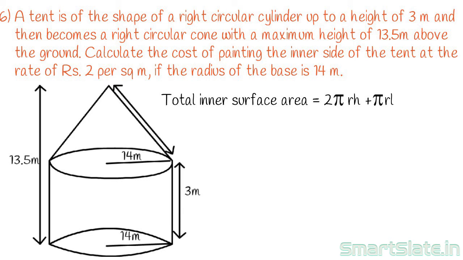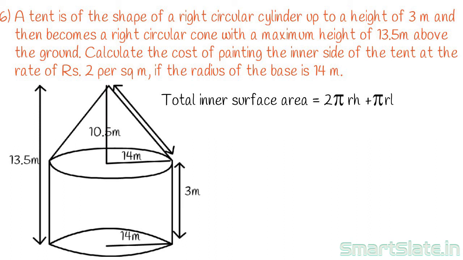Let's check if with the given data it is possible to find slant height L. Total height is 13.5 meters, but the height of the cylinder is 3 meters. Hence, the height of the cone is the difference of these two heights, which is 10.5 meters.